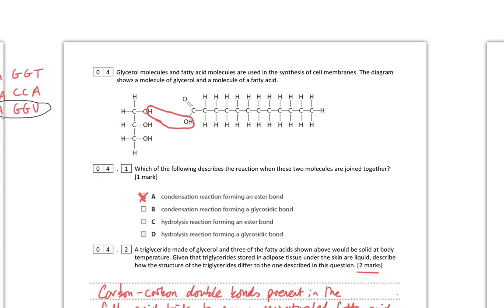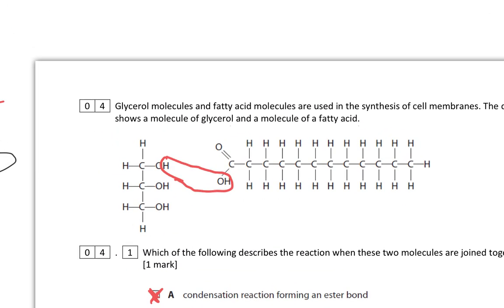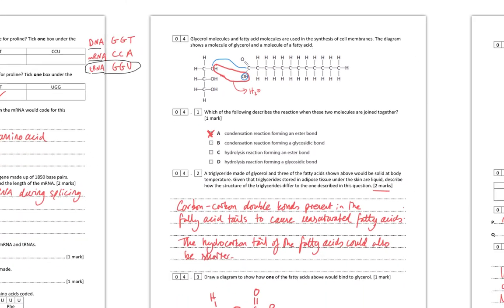All we are doing is forming water. So off comes water, H2O, and I join what's left. So I've got a C left there that's going to join onto that C. I've lost that OH, so that's gone, and then my double bond O sticks up at a neater angle.